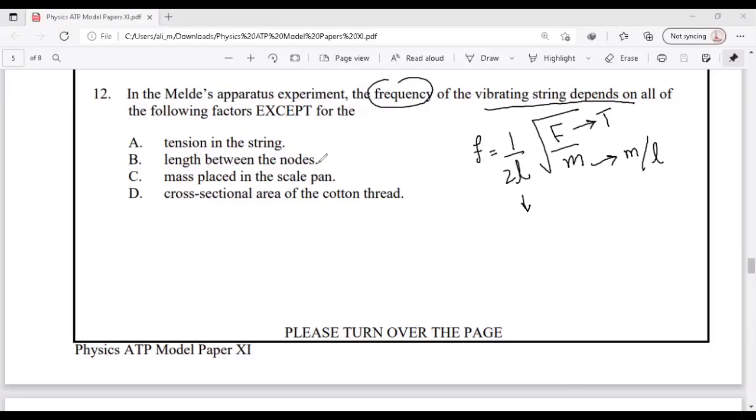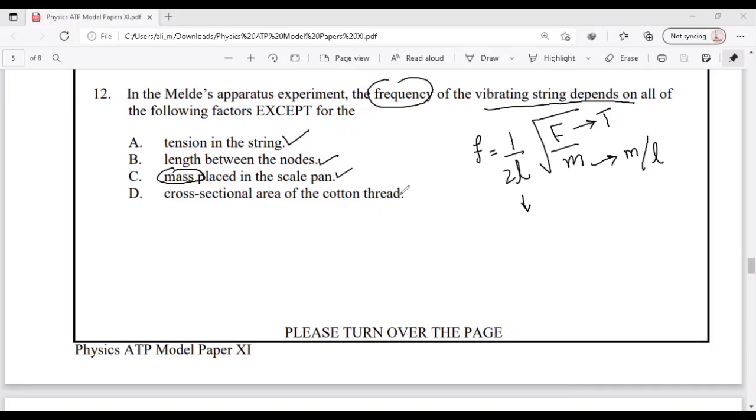So the length between the nodes is a factor, and the tension in the string is a factor, whereas mass placed in the scale pen is also a factor. So this mass placed in the pen will cause tension in that string.